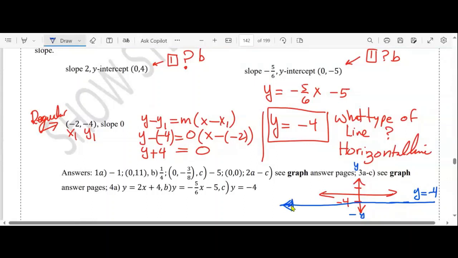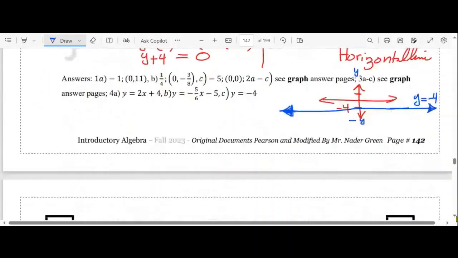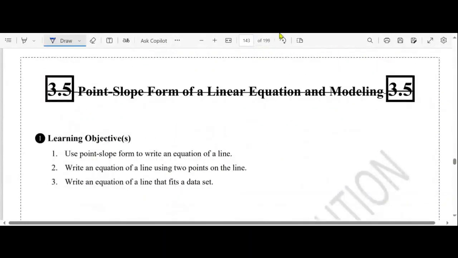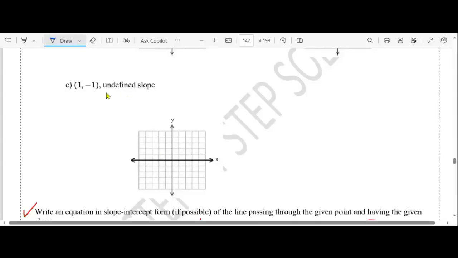If you understand, raise your hand. Okay? Understand? All right, let's move to the next one. He's giving you the point x1, y1, and he said the slope is undefined.